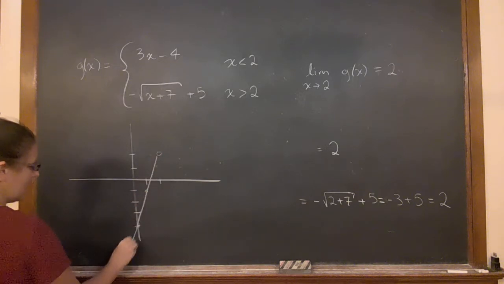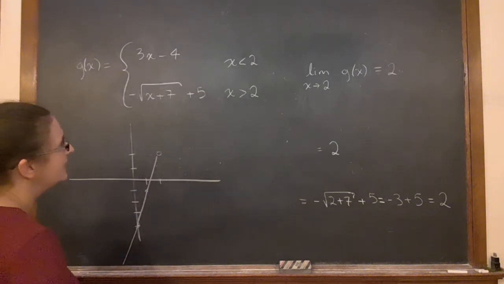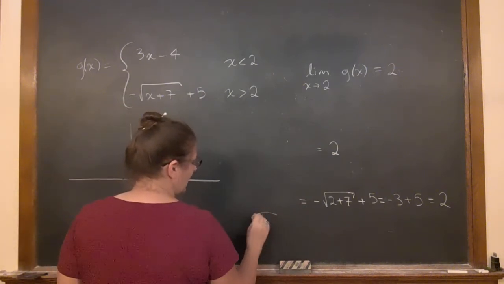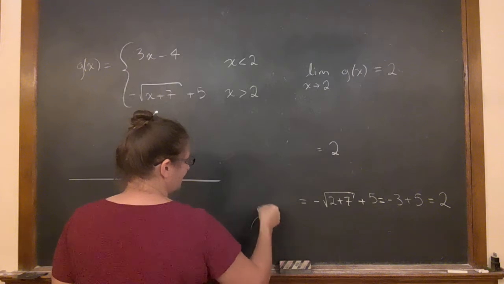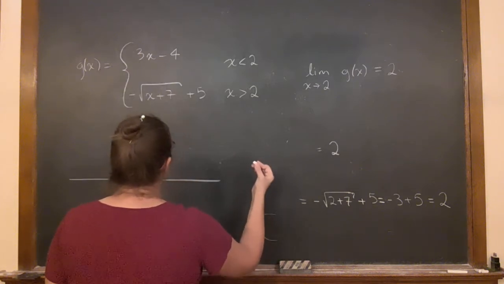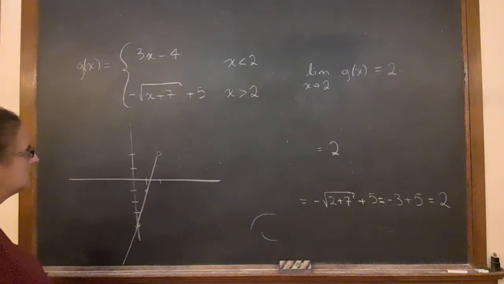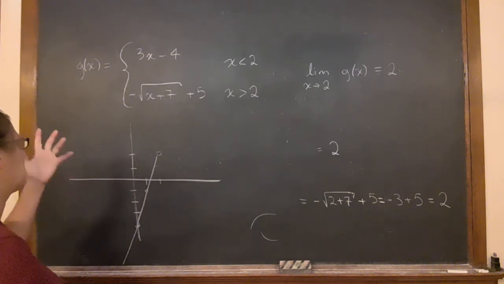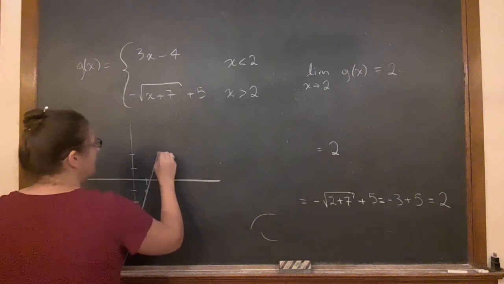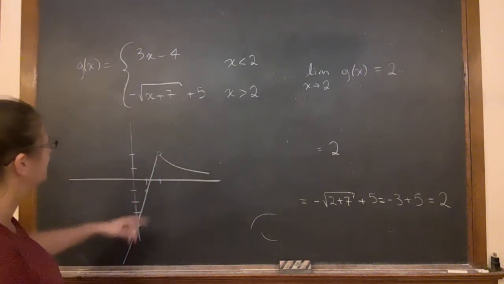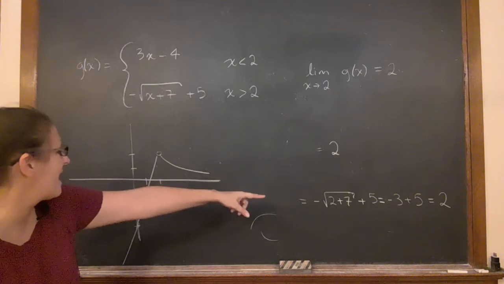Right? So that's that line. And then this is going to be like this guy, but flipped under and moved up and over. And because it's just easier to do it that way, it's going to go like this.